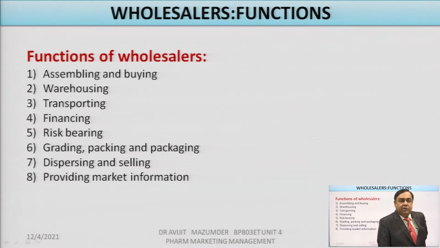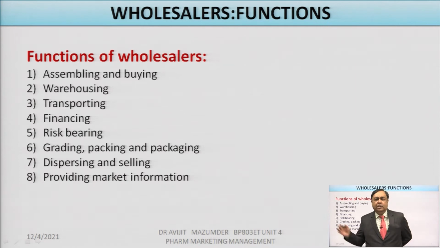The next function is transporting. That is, the product needs to be transported from their places of storage to the retailers. There are various modes of transportation which I will be coming on later on. Either it may be a truck, or rail, or air, with their own advantages and disadvantages.